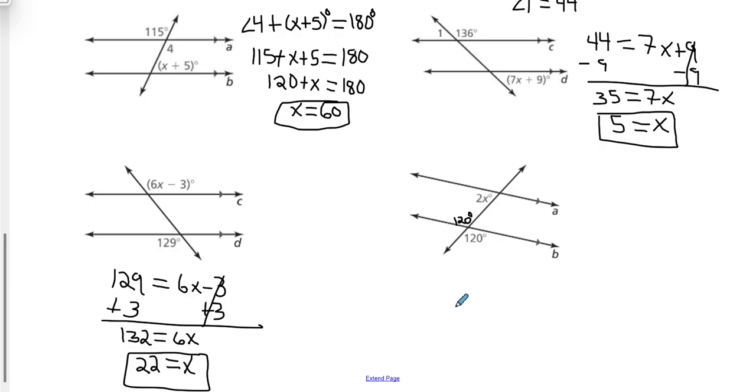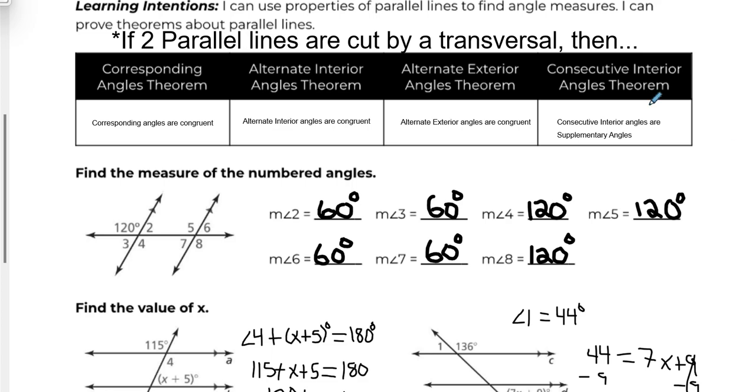Now, I know my last theorem up here, consecutive interior angles theorem, tells me if two lines are cut by a transversal, two parallel lines, have to stress that, then the consecutive interior angles are supplementary to each other.